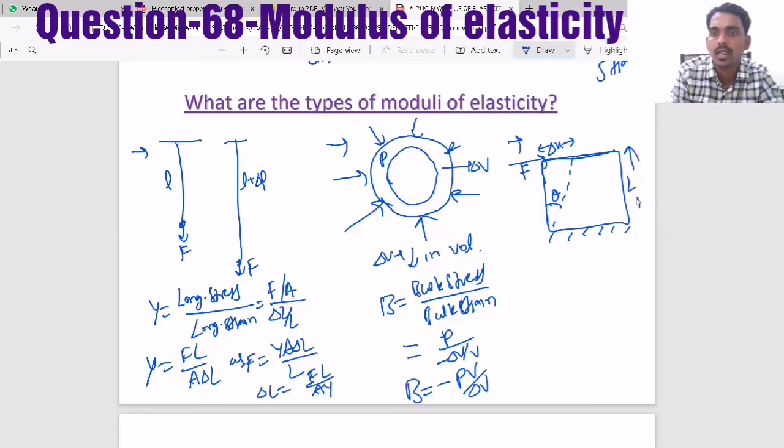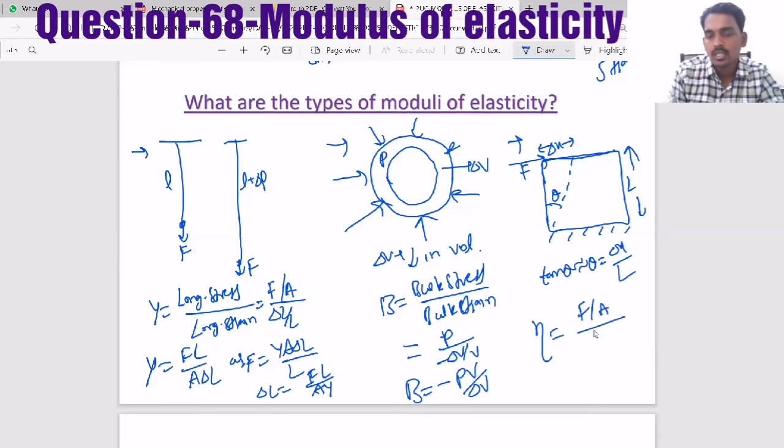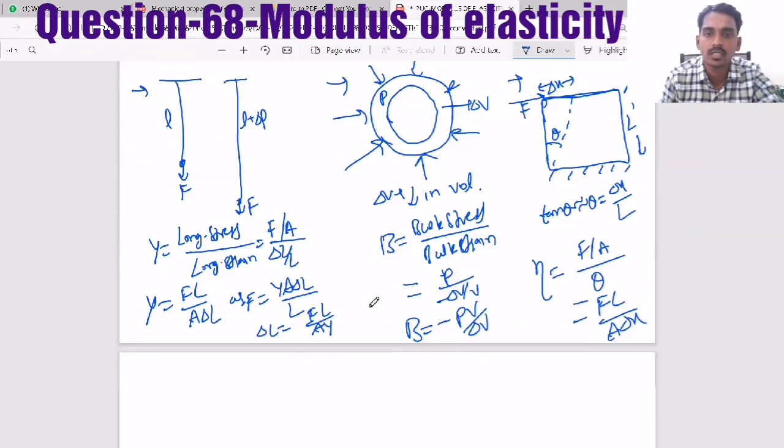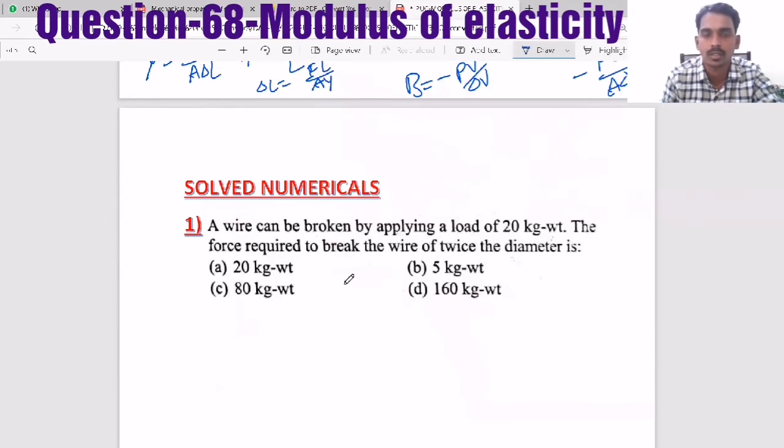If the side length is L, then tan theta, approximately theta, equals delta x by L. This is called shear strain, and in this case the rigidity modulus comes, that is shear stress by shear strain, or FL by A delta x. Based on these three things, questions can be asked based on these equations, or based on stress and strain depending upon the question.